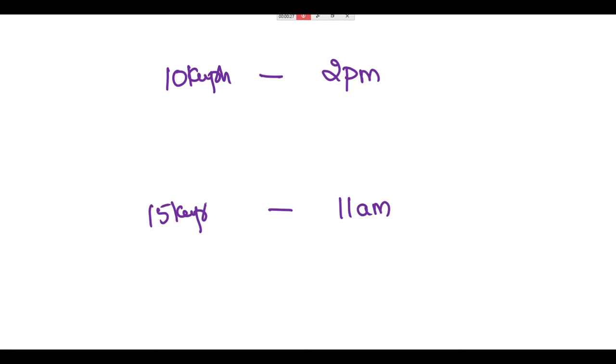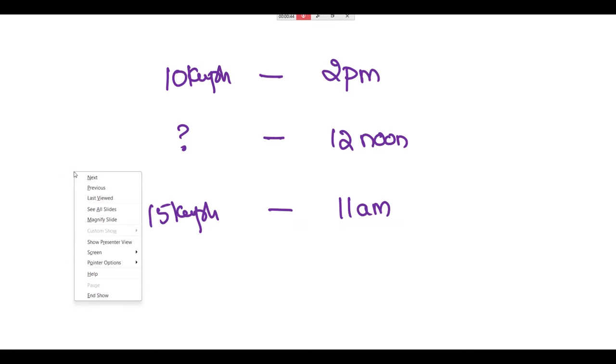But the question is about 12 noon, not 1:30, not in the middle of this. It's not about AP-HP relationship. We have to calculate the speed to reach the destination by 12 noon. This timing is not in AP. So we should go for the second method.